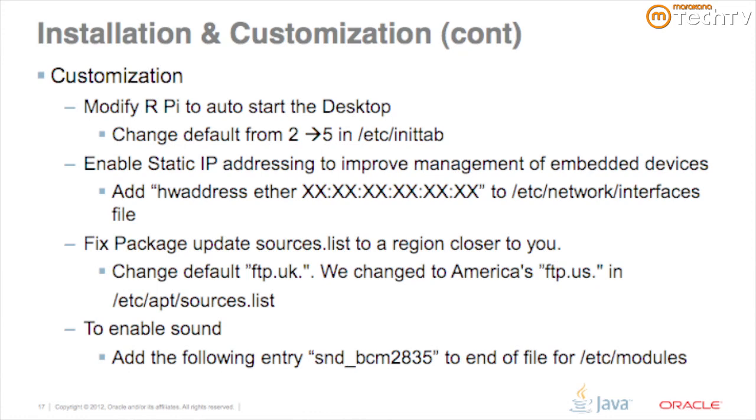But the next step I found was very useful, and I find this much of a pain, is the hardware address ether with the MAC address. You put that into the /etc/network/interfaces file when you're using static. What I found in testing over time, the network gets saturated, the I/O gets saturated enough that the system kind of gets confused, and the network resets on you.